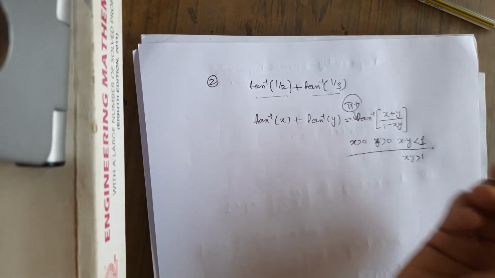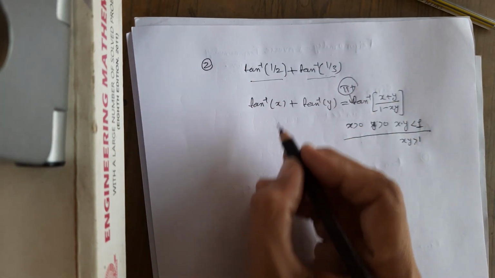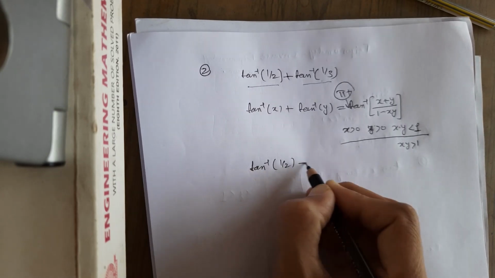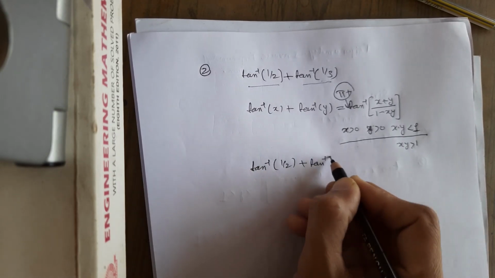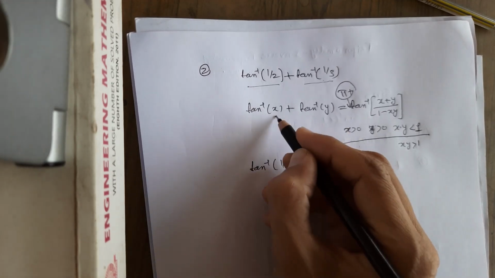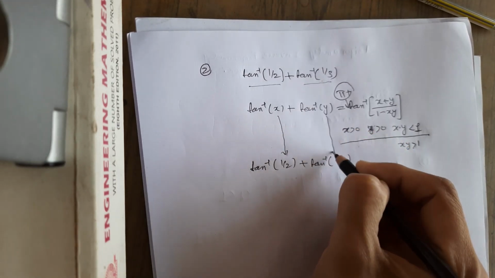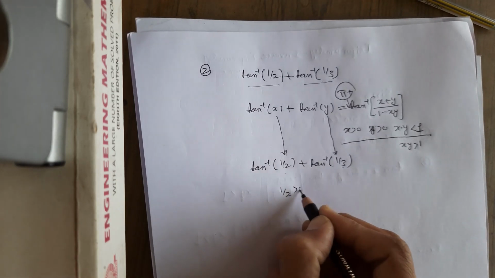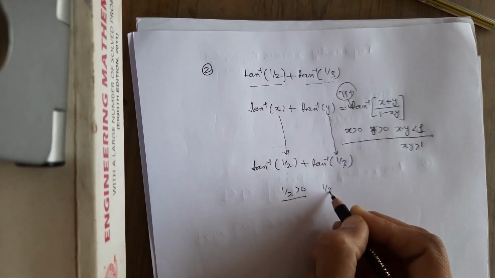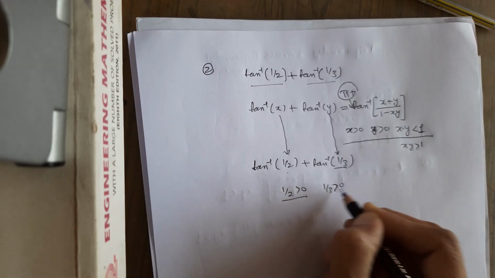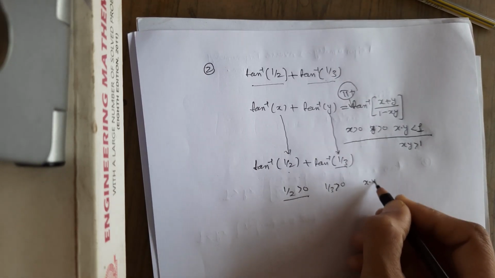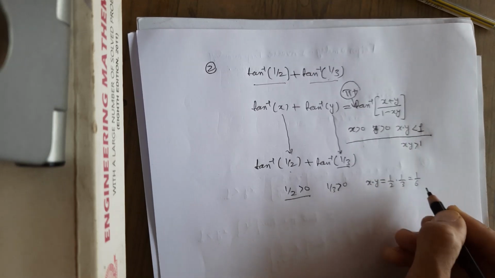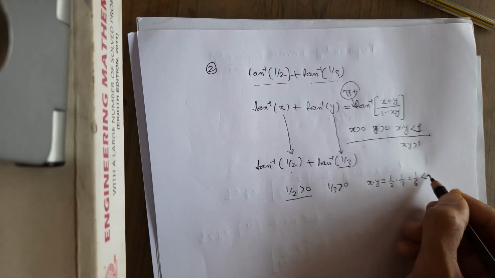If I compare tan inverse of 1 by 2 plus tan inverse of 1 by 3 with this, I can take this as x and this as y. Is 1 by 2 positive? Yes. Is 1 by 3 greater than 0? Yes, it is positive. Now x into y is 1 by 2 into 1 by 3, which is 1 by 6, and this is less than 1.